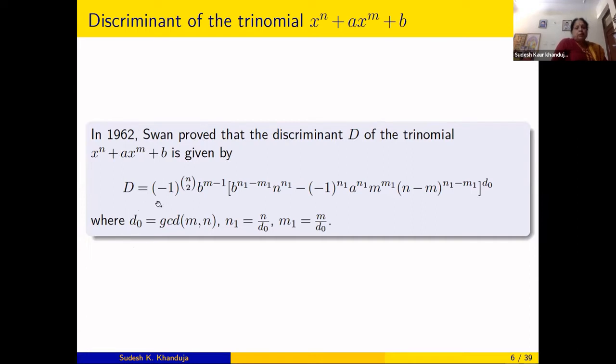Swan has shown in one of his papers that D equal to plus minus b^{m-1} [n_1^{n_1} b^{n_1-m_1} - (-1)^{n_1} (n-m)^{n_1-m_1} m^{m_1} a^{n_1}]^d, where d denotes the GCD of m and n, n_1 equal to n over d, m_1 equal to m over d. This expression, by the way, is very simple to calculate for the discriminant of x^n + ax + b, but it takes a bit of effort to calculate this discriminant of a general trinomial.